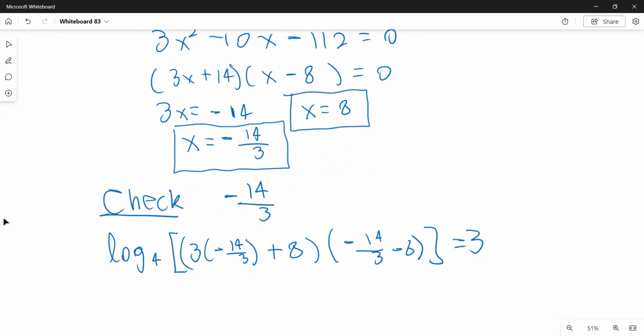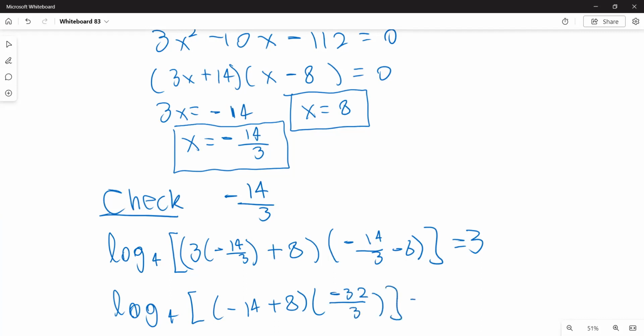Okay, 3 times negative 14 over 3 is going to be negative 14. So this is negative 14 plus 8 times negative 14 over 3 minus 6. I'm just going to do this fraction mentally. Negative 14 over 3 minus 18 over 3 is negative 32 over 3.